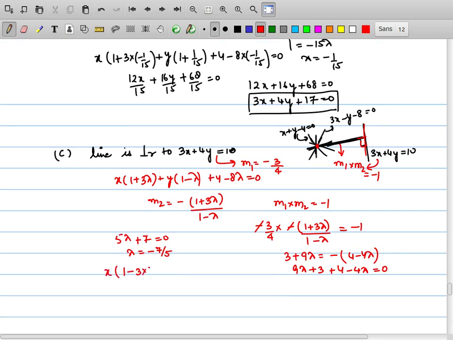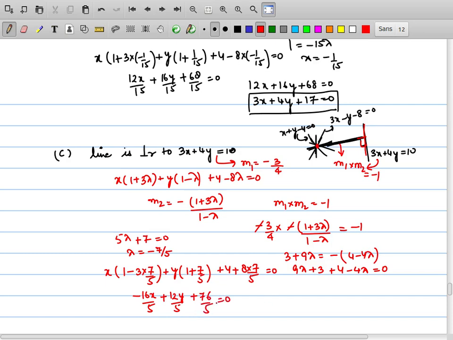x into (1 minus 21 by 5) which is minus 16x by 5, plus y into (1 plus 7 by 5) which is 12y by 5, plus 4 plus 8 into 7 by 5, which is 4 fives are 20 and 7 eights are 56, so 76 by 5, equals 0.